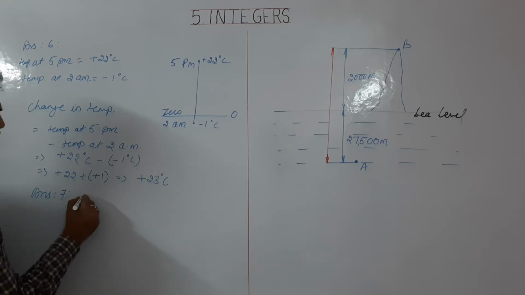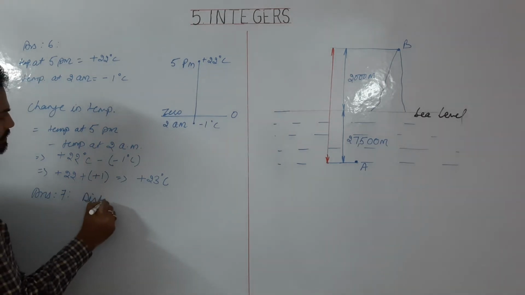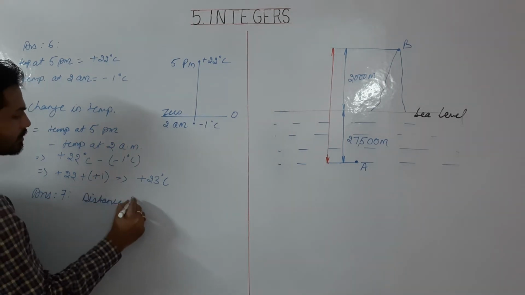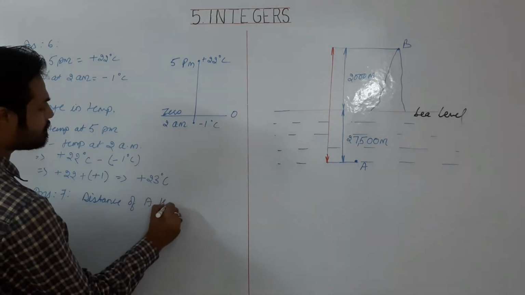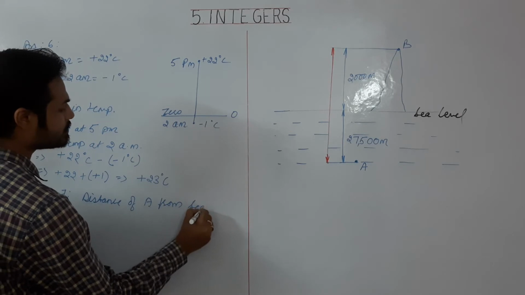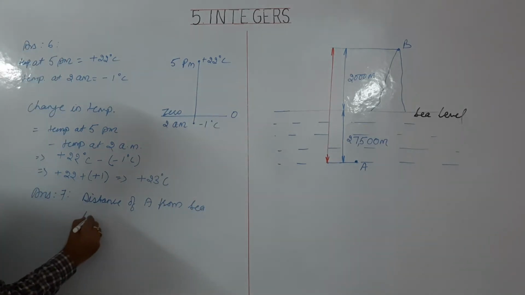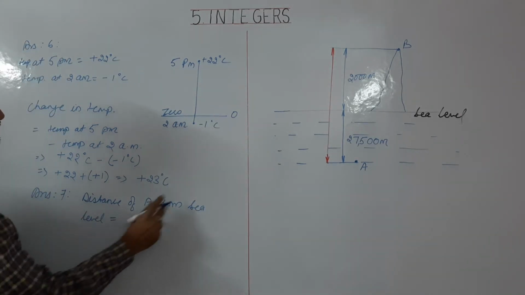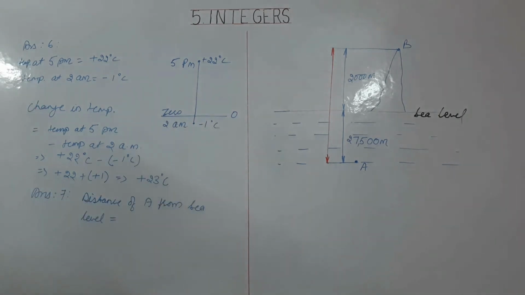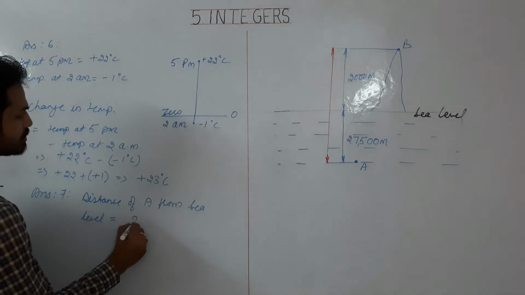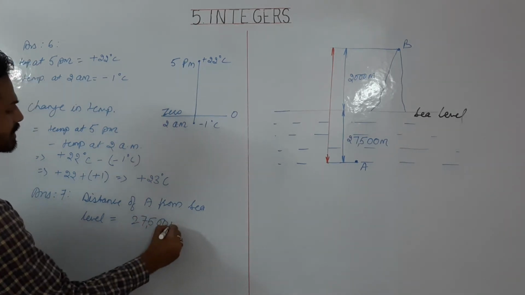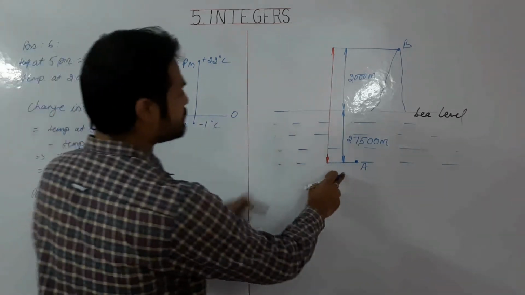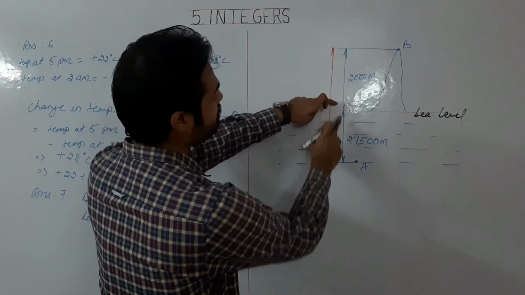So the distance of A, first point A, from sea level is 27500 meters. So A is 27500 meters below sea level.